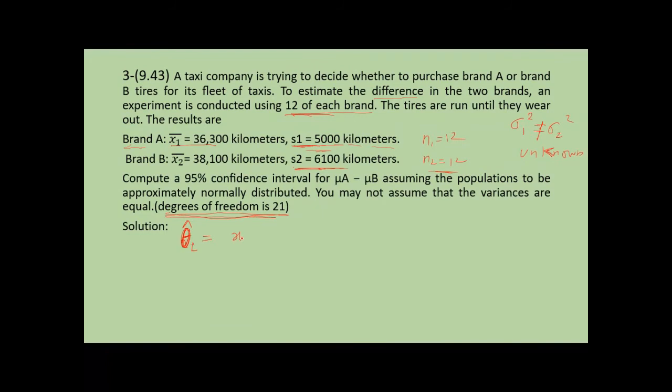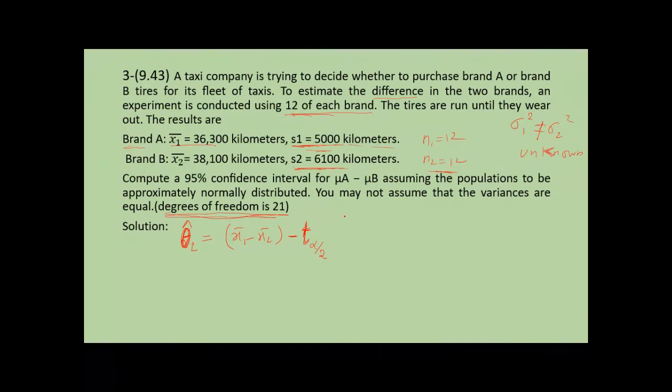the same first term x1 bar minus x2 bar minus, see, it will be t for small samples. T distribution will replace z distribution, right? T test will replace z.